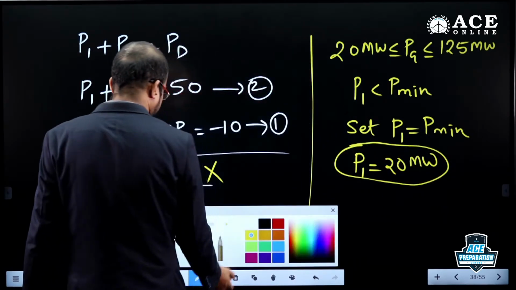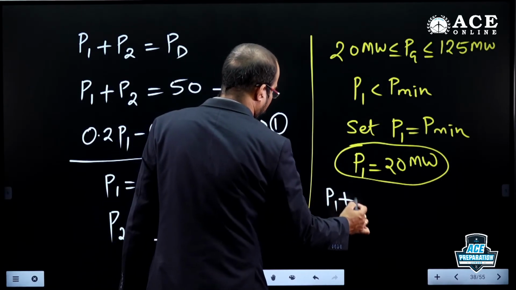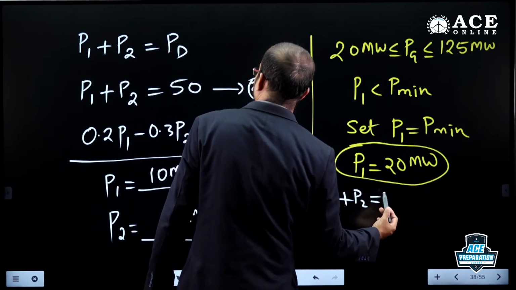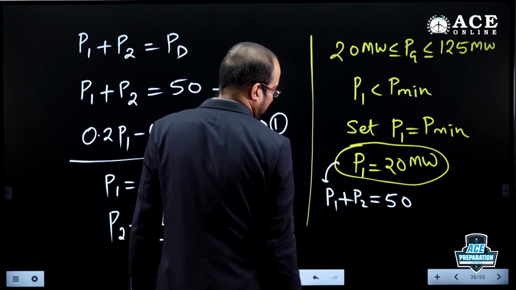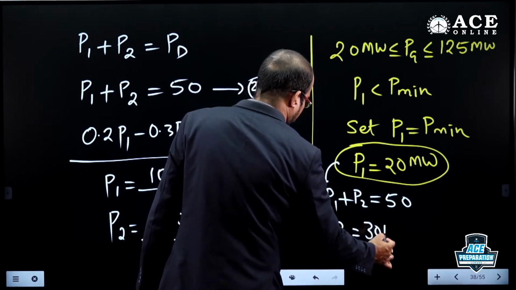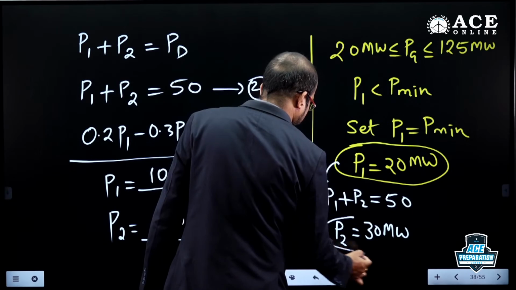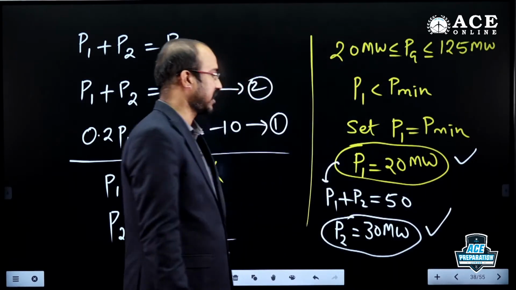When P1 has been adjusted to 20 megawatt, P1 plus P2 must be equal to PD. PD is 50. So P2 will be 30 megawatt. So the answer is P1 20 megawatt and P2 30 megawatt.